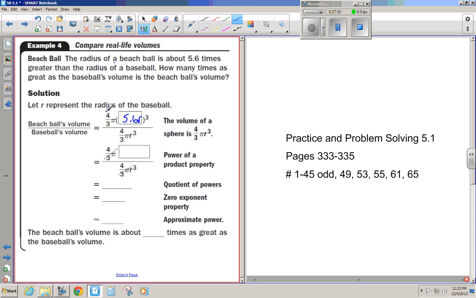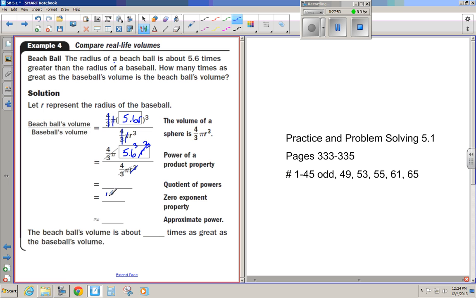And what I can conclude is if you look at 4/3 over 4/3 cancels out. Pi over pi cancels out. All you're left with is 5.6 cubed r cubed. Well, r cubed over r cubed ends up disappearing, canceling out, becoming r to the 0.